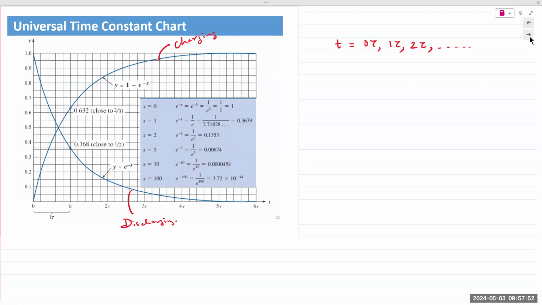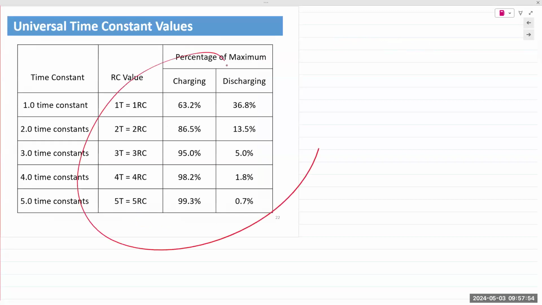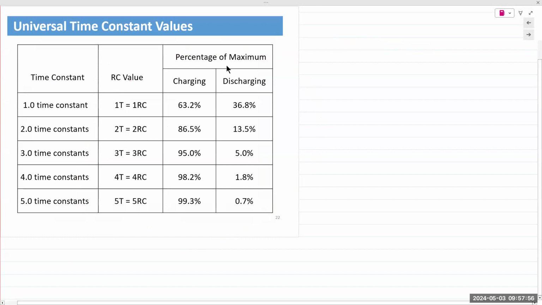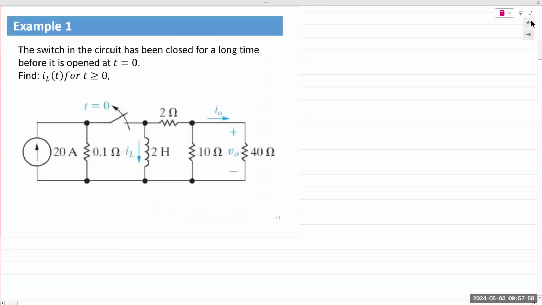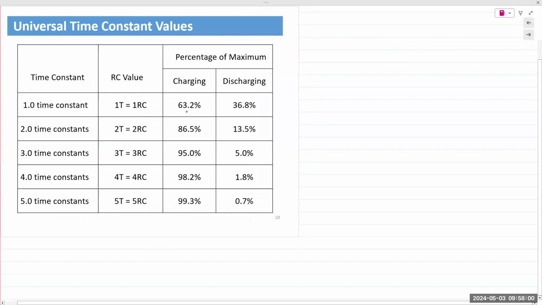So the values are listed in this table here. When t, meaning the time that is taking either to charge or to discharge, is equal to 1 times the time constant, 1 tau, if it's charging, it tells you that it acquires 63% of its final value after just 1 time period.